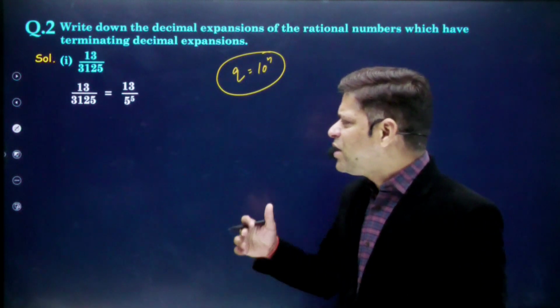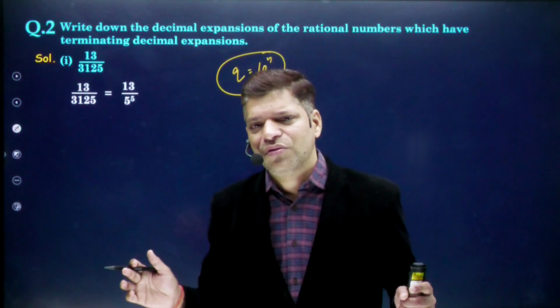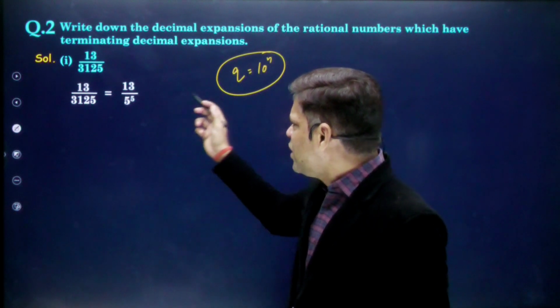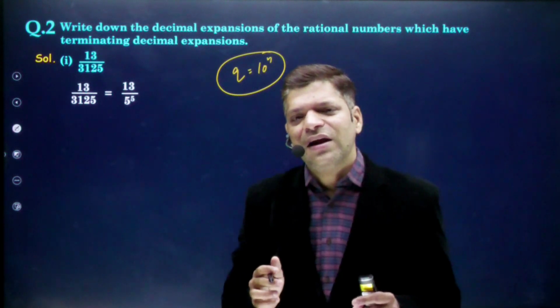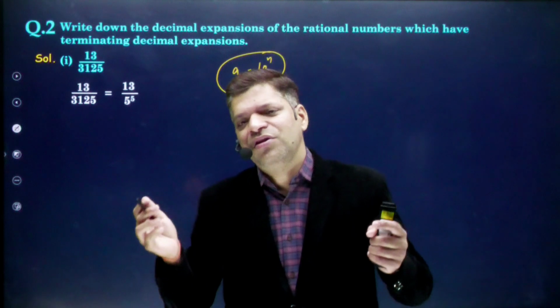Otherwise, again you have to do the long division method and it will be a very tedious process. So the best method is to change the denominator into the form of 10 raised to the power n. Now the question is, how can we change it into the form of 10 raised to the power n?